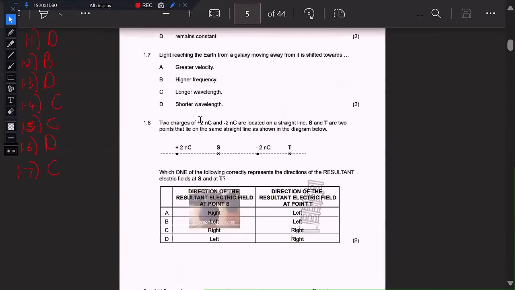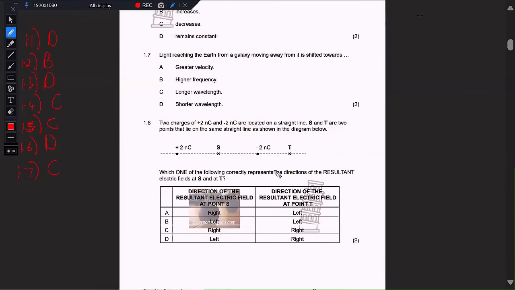Now, two charges of positive 2 nanocoulomb and negative 2 nanocoulomb are located on a straight line. S and T are 2 points that lie on the same straight line as shown in the diagram below. Right, so they ask which one of the following correctly represents the direction of the resultant electric field at S and T. If they're talking about electric field, that means we must take points S and T as positive point charges.